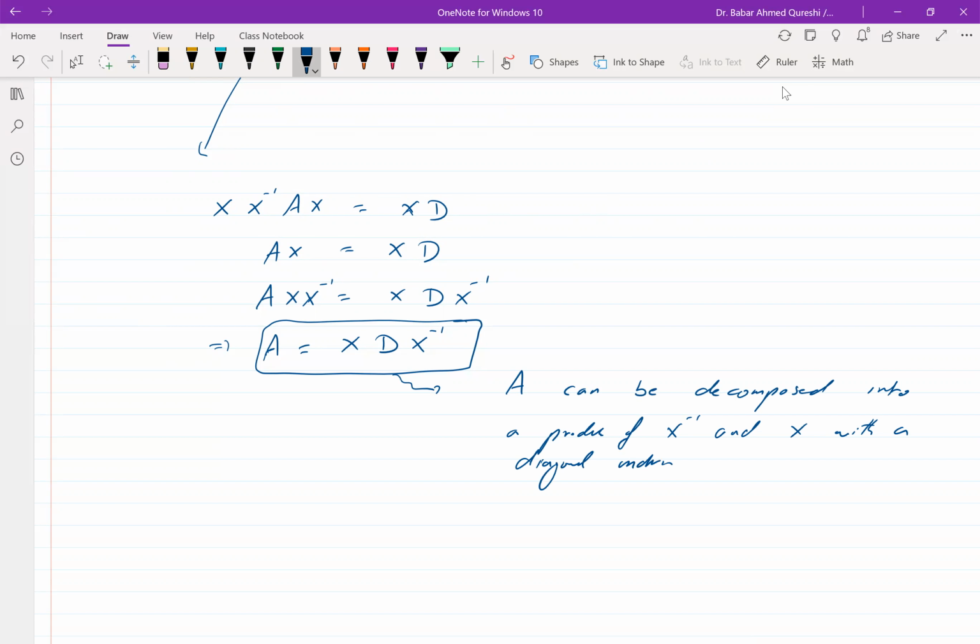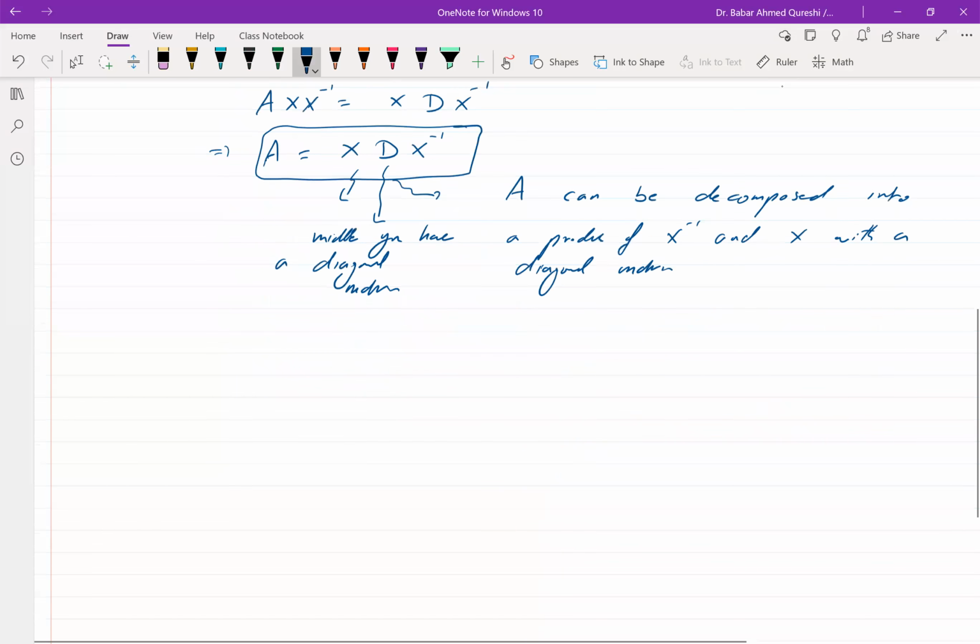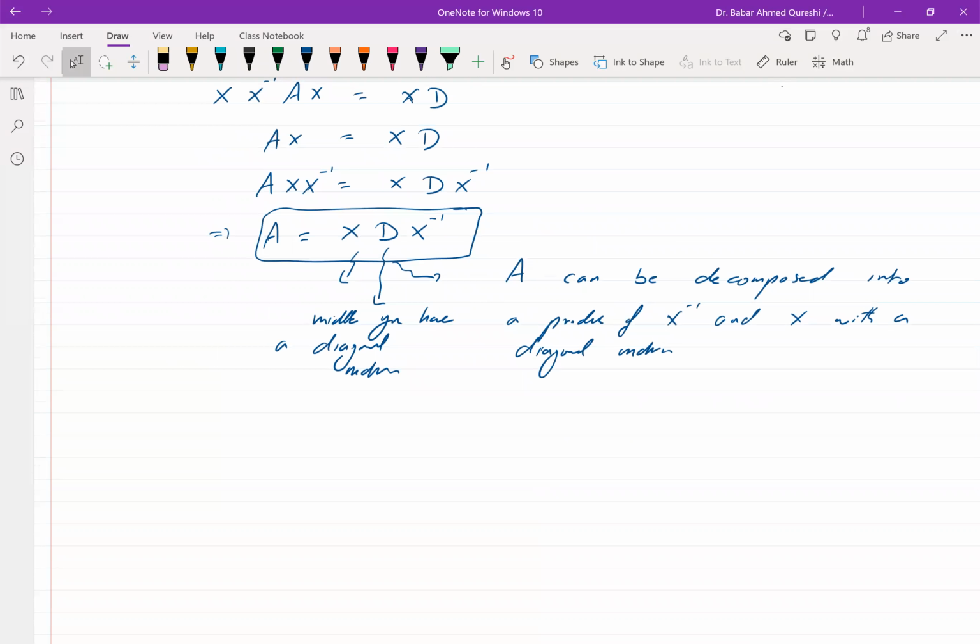So this is the kind of decomposition you have over here. In the middle, you have a diagonal matrix, and from left and right you are multiplying by a matrix and its inverse.